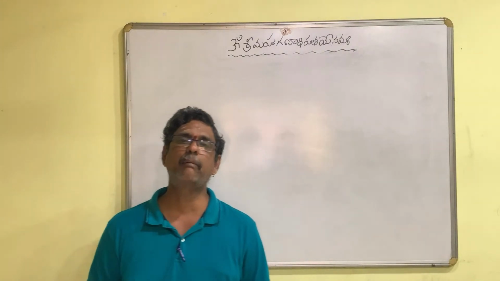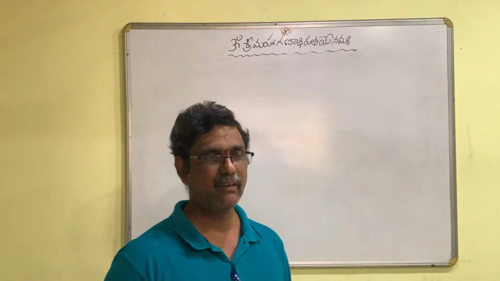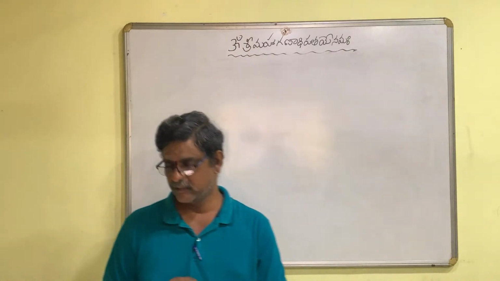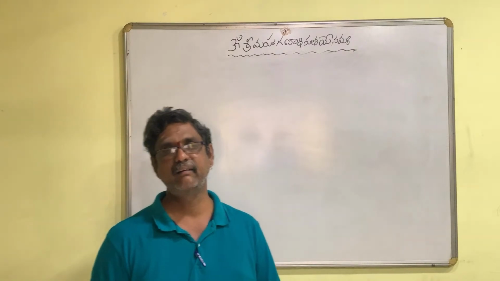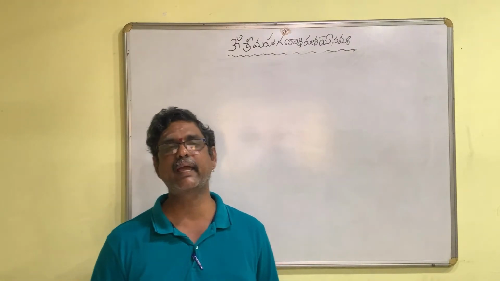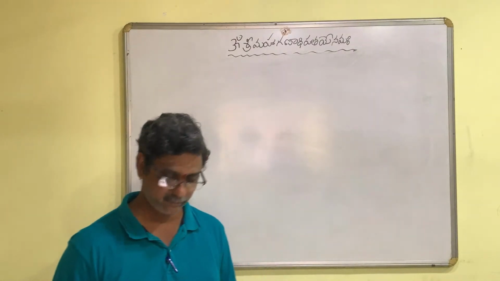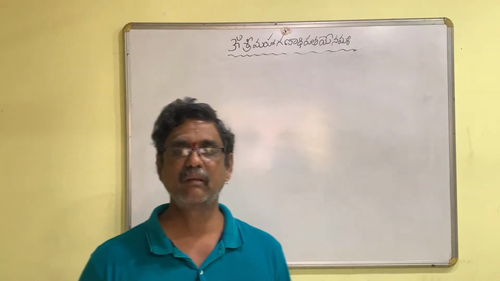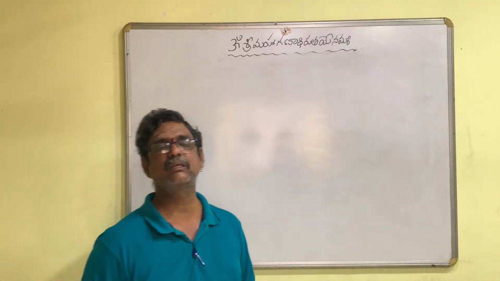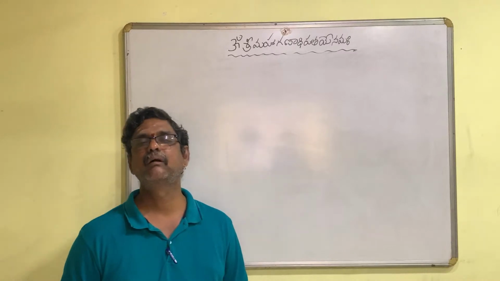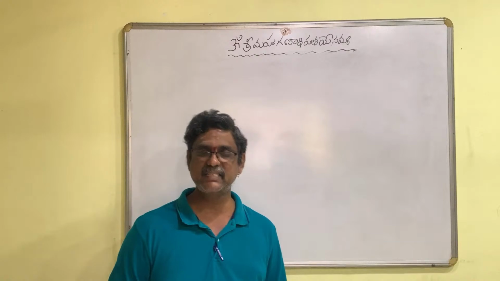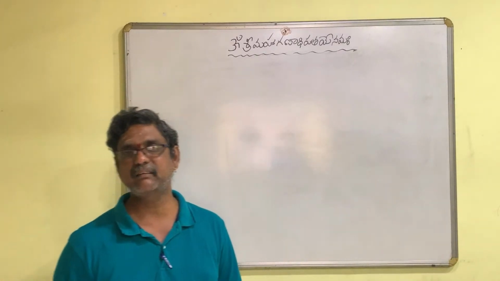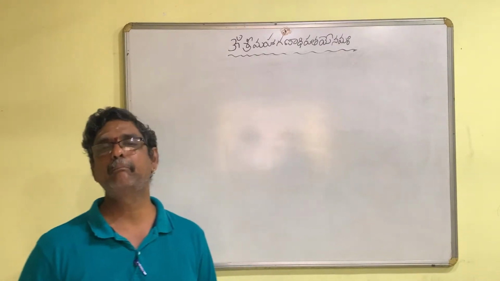So when you throw a basketball into the basket, if you observe the path of the ball moving from the hands of a player to the basket, it looks like a parabola. You can see the figure. When a player throws a ball from a point to the basket, if you observe that path, it looks like a parabola.